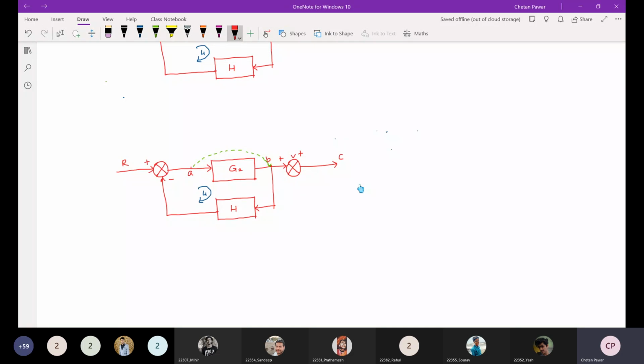When we move the takeoff point after this block, that G2 should get divided.